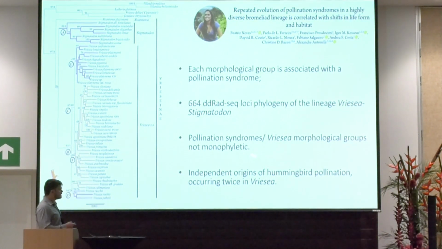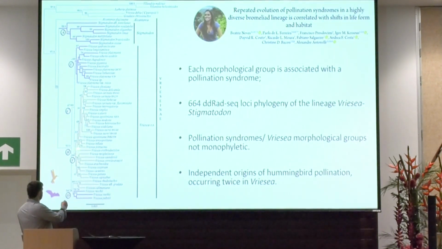And also, we observe that hummingbird pollination originated at least twice in Vriesea using this set of data, okay? Here represented by the orange branches, okay? In this case, here at this point, and also here.